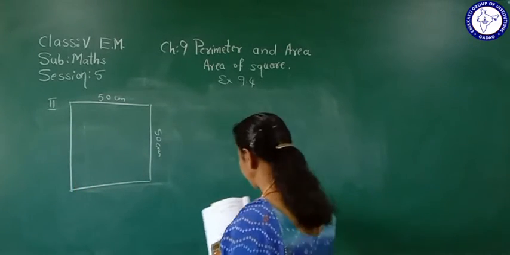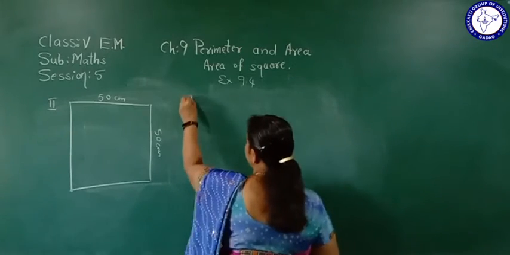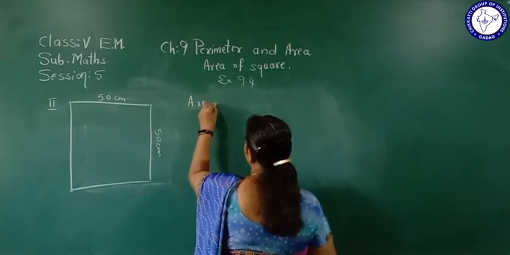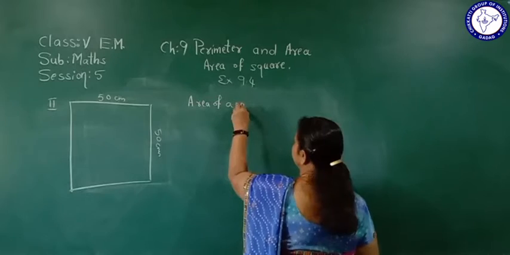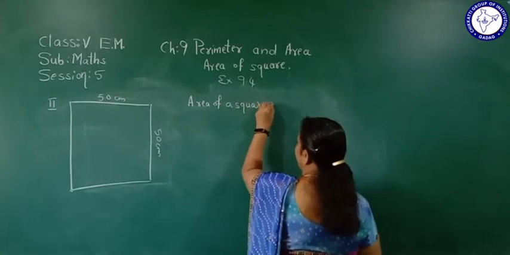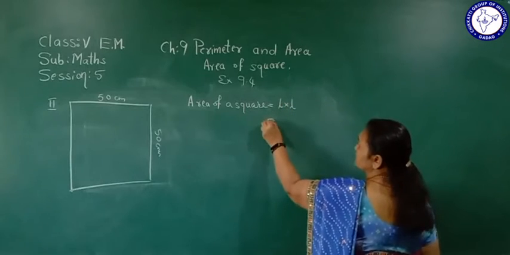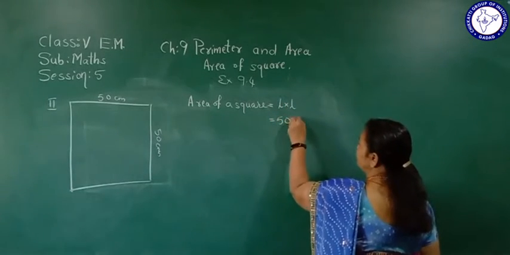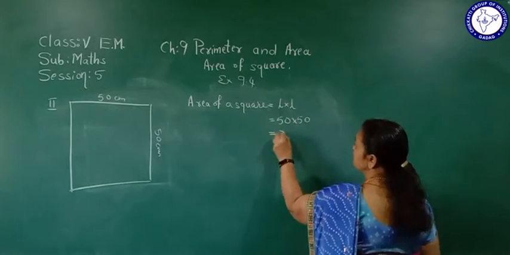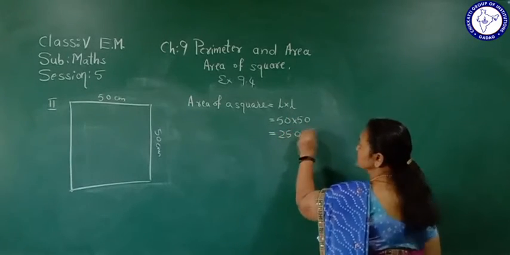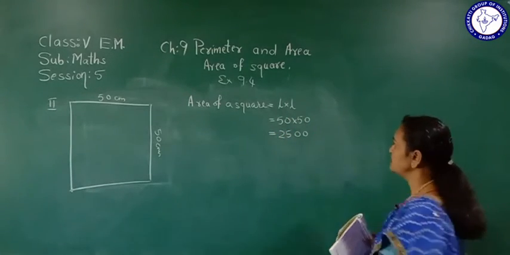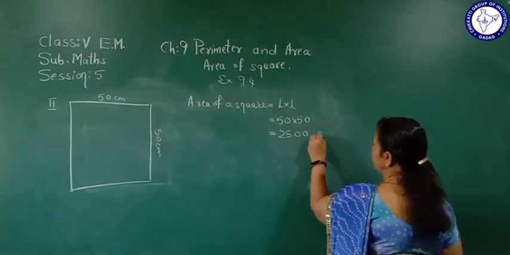So here we should find the area of this square frame. So area of a square is L into L, which is equals to 50 into 50. 5 5s are 25, then add 2 zeros. So this is 2500 square centimeters.